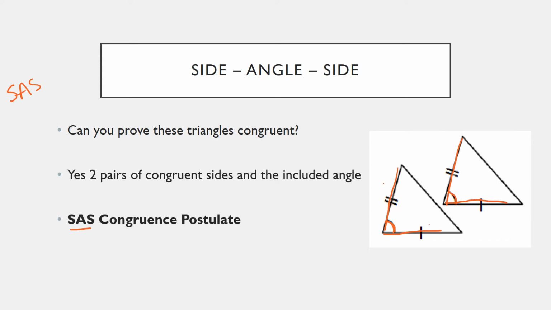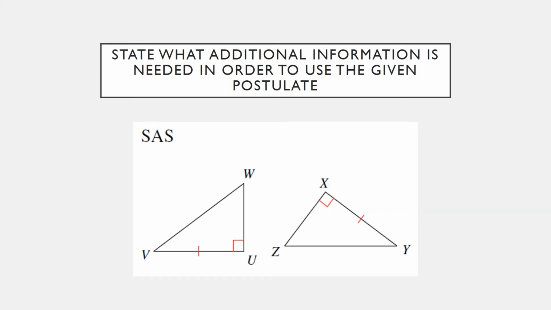That's really important as we go forward due to the fact that we have a bunch of different postulates to talk about. Another example we have here: we're given two triangles. What additional information do we need in order to prove SAS, or side, angle, side? What's important about this is, since the A is between the S's, the angle needs to be between the sides. If you look at this picture, I have one side congruent and I have an angle.